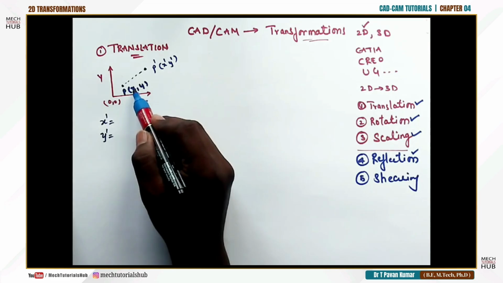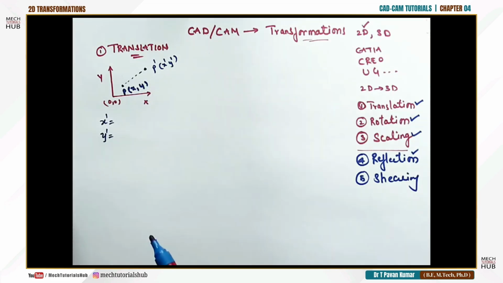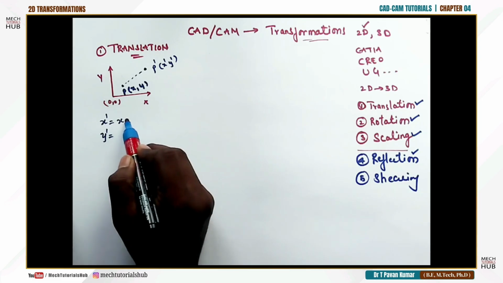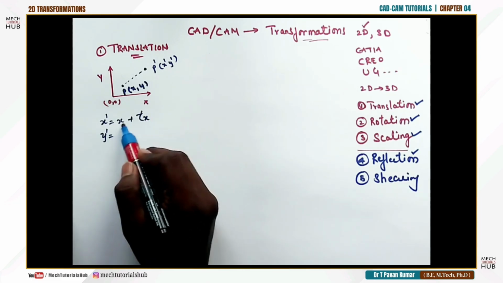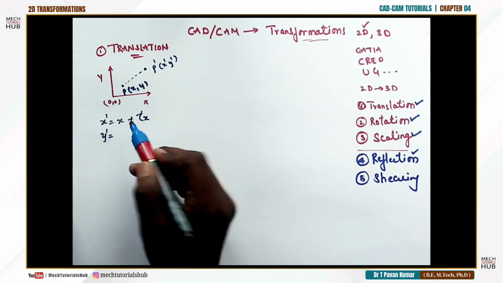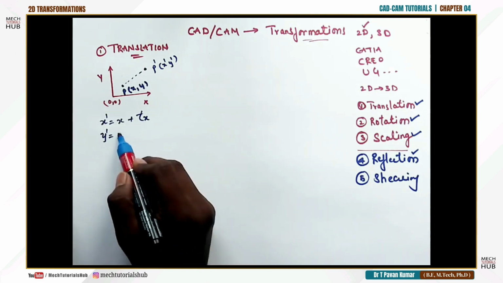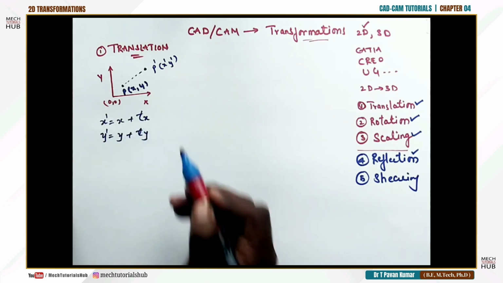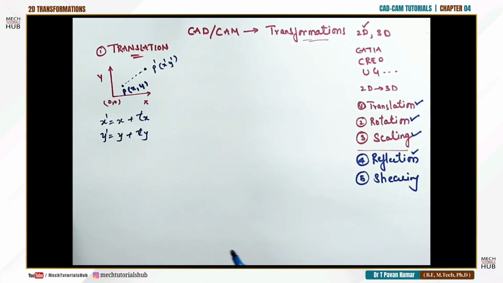If I add the translation to the original position, you'll get the final answer. For example, x prime equals x plus tx, where x is the old position and tx is the translation given in the question, and y prime equals y plus ty. Simple: x plus tx, y plus ty.